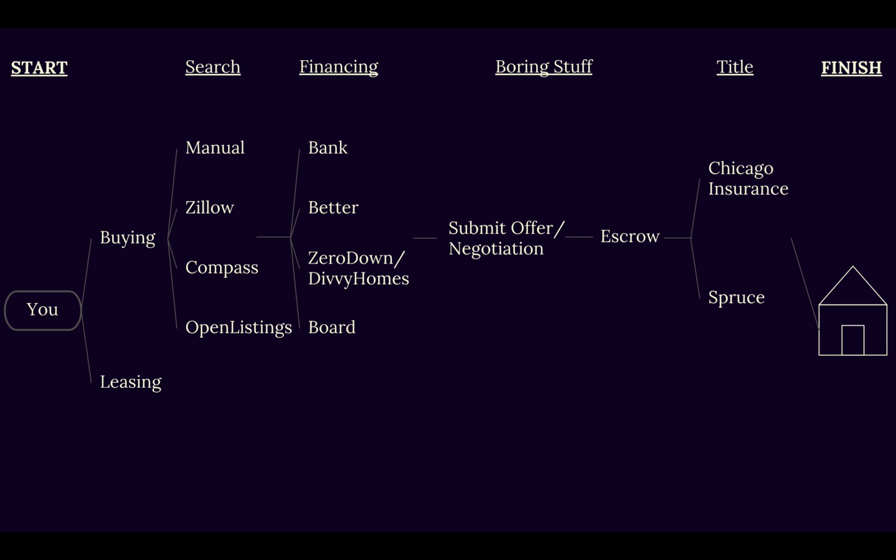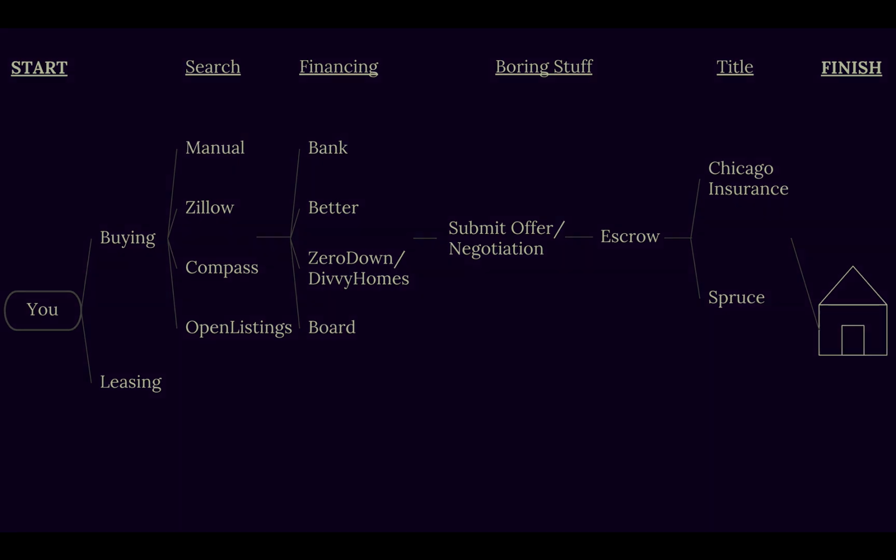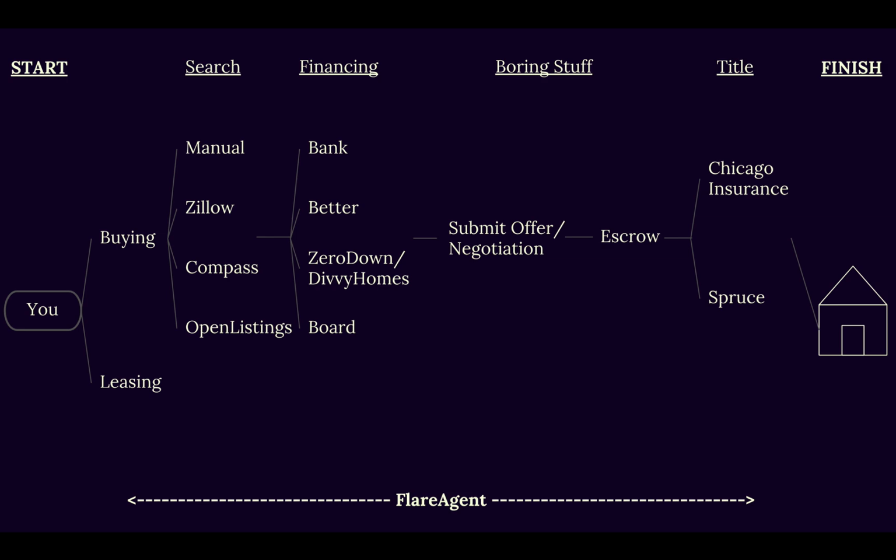So that's exactly where Flare Agent steps in. We are an end-to-end process, which means we go from the start all the way to the finish, and we break down all these parts of the transactions into very distinct steps, such as search, financing, boring stuff, title, and the final move-in process.